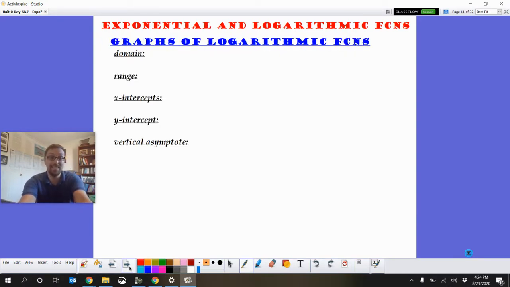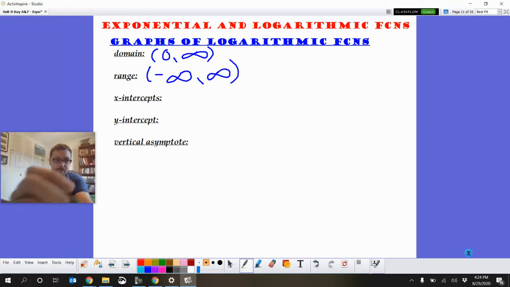So its domain is limited, just like the range of an exponential was, 0 to infinity, but its range is free form. It can go nuts, all real numbers. It has an x-intercept, usually at 1.